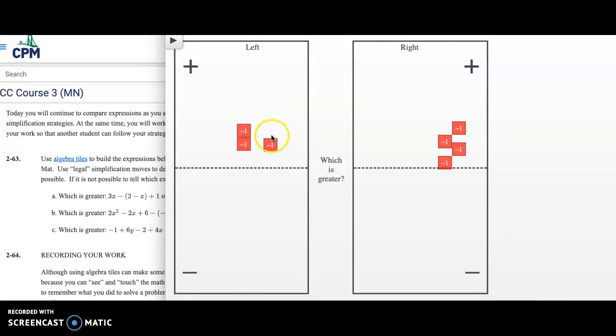All right, and then I see that I have -3 and -3 on both sides, so I can remove those. So which side is greater? On the left we have 0, and on the right we have -1, so our left mat is greater.